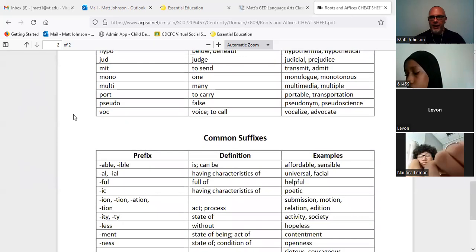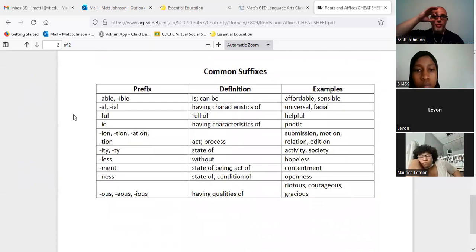So the suffixes, which we're going to put at the end of a word to change the meaning and modify it. So able or ible is 'is' or 'can be.' So affordable, right? That means that it is affordable. Sensible means that it makes sense. Al or eal, having characteristics of. If something is universal.